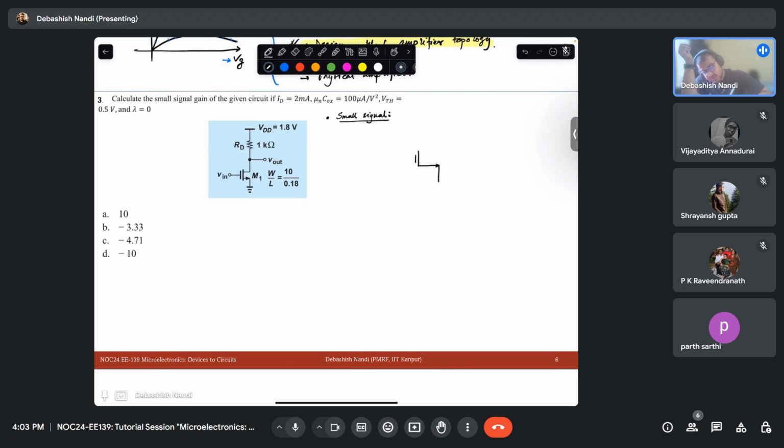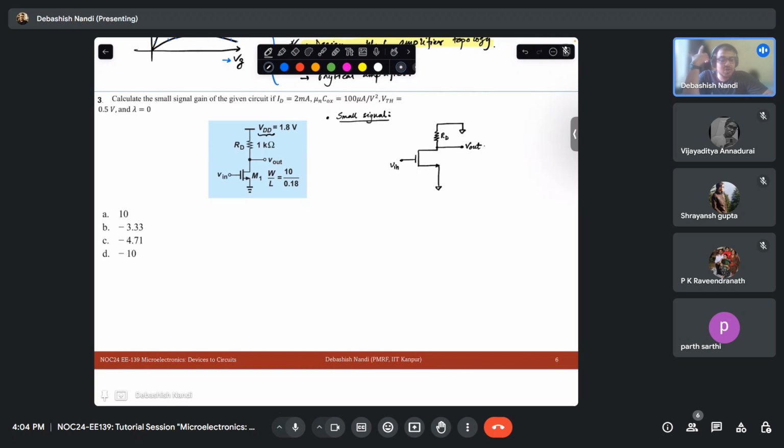It will look something like this. Then I have V in here, I have RD here, and what will I do to this VDD? In small signal, what will I do to this VDD? Ground. I will just ground it, and here I am taking my output V out.